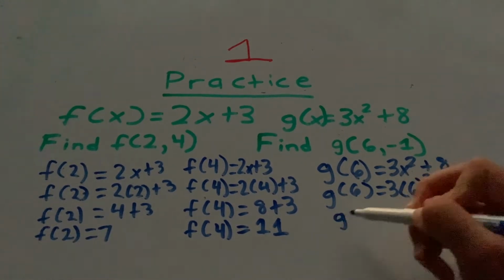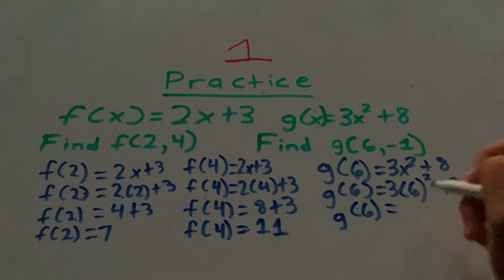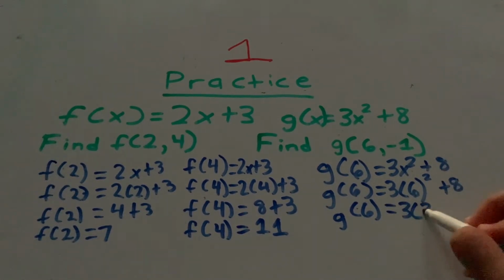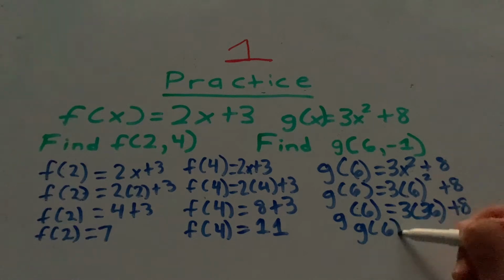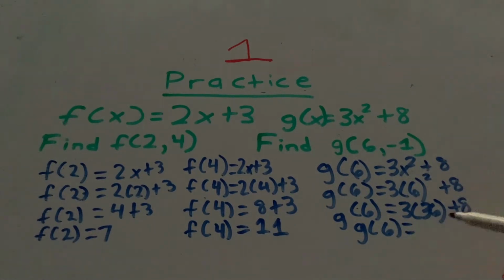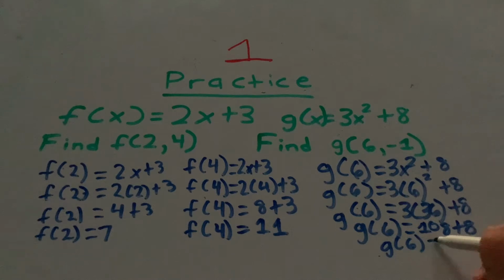And then we get g of 6 equals 3, parentheses 36, and 6 squared is 36, plus 8. And then g of 6 equals 3 times 36, which will equal 108. And then add 8, and we get g of 6 equals 116.